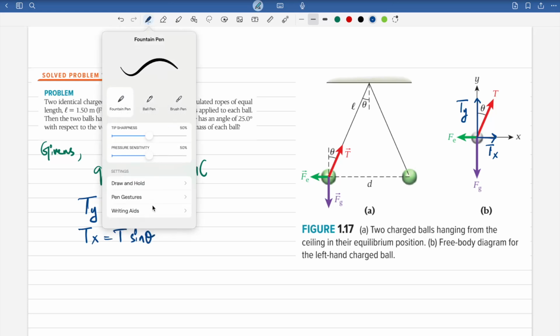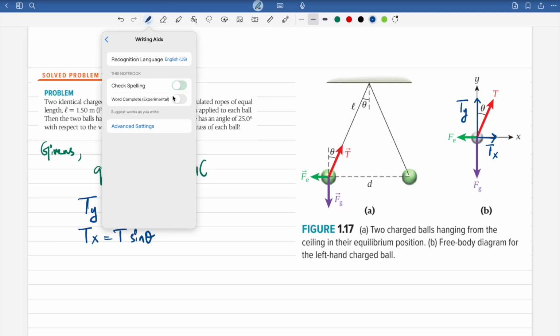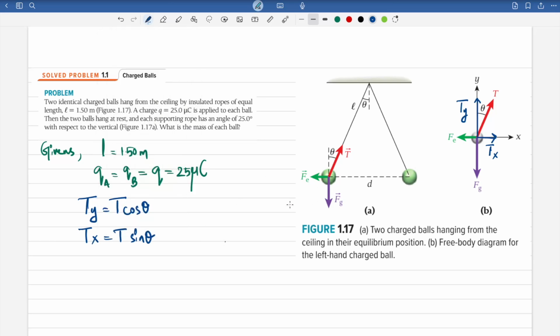This is the shortcut we use to find the x and y components. You can see here theta is touching the y component, so Ty is T cos theta, and Tx is not touching the theta here, so Tx is T sin theta. So these are the two components of tension. Let's call them equation number 1 and equation number 2.